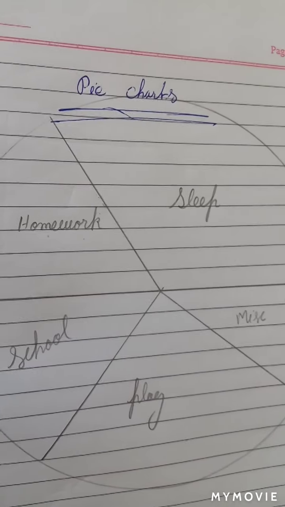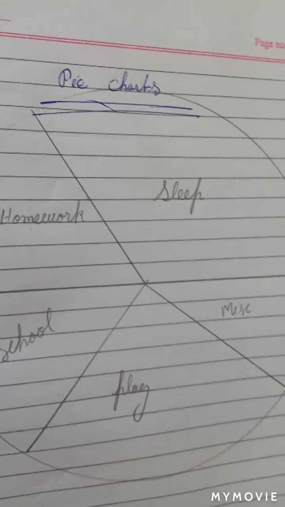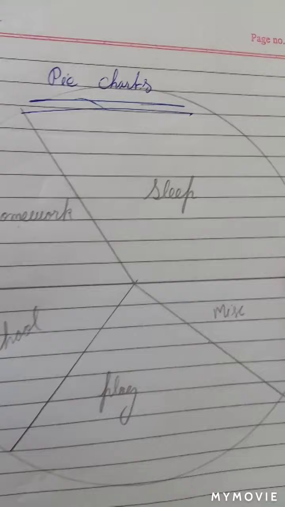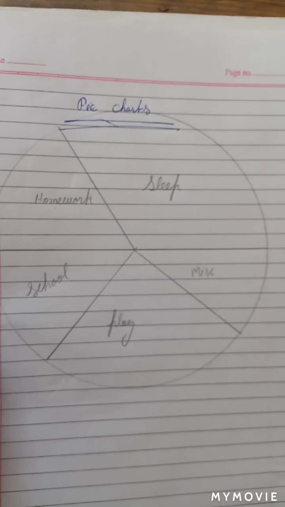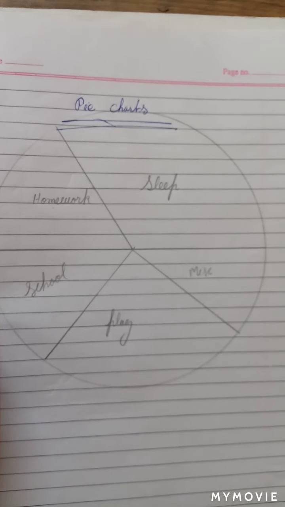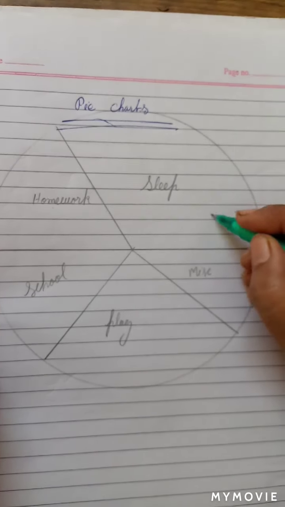So he wants a pictorial diagram so that he can assess how much time he is productive, how much time he is sleeping, and how much time he has for leisure. So he made a pie chart like this.